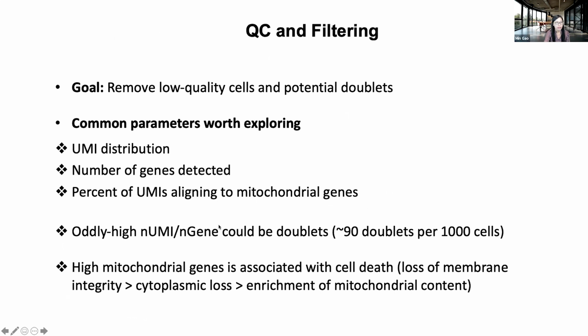Usually a high number of genes detected in a cell sometimes means a doublet. And usually a high mitochondrial gene percentage is associated with cell death. So we need to filter these cells.